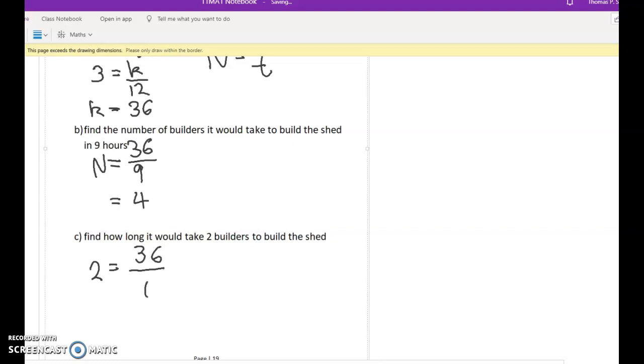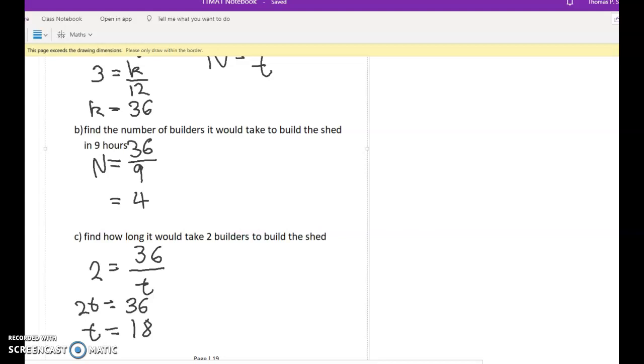Solving that, if we multiply by t on both sides, we get 2t equals 36. And dividing by 2 on both sides, we get t equals 18. Okay, so that's the idea of inverse variation in sort of a practical context.